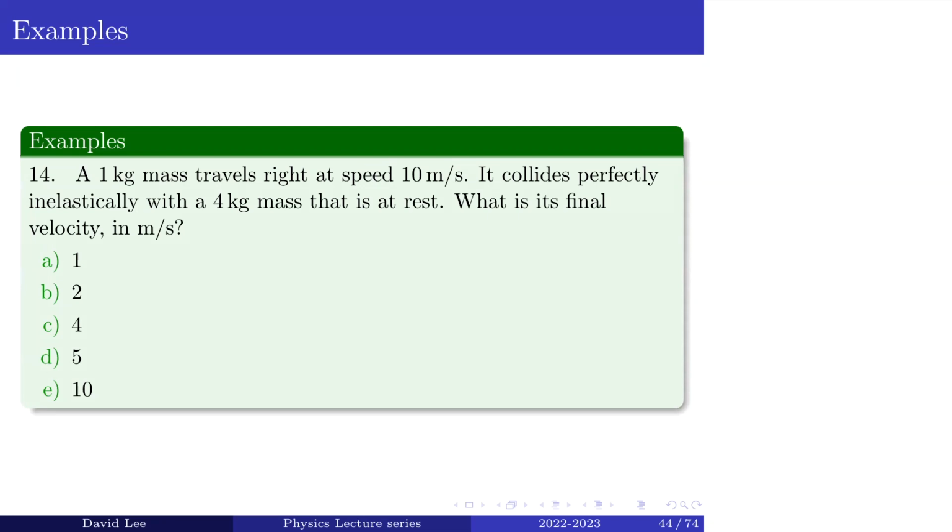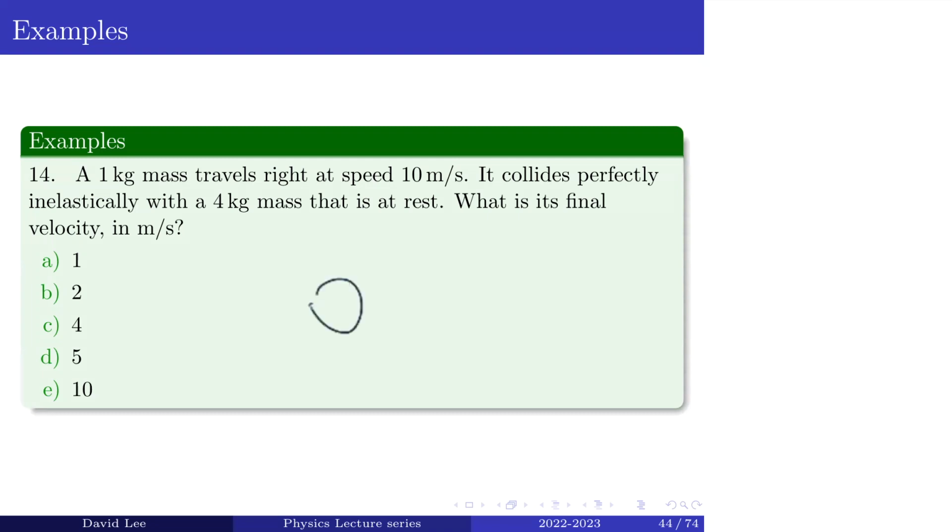Okay, it's been a minute. So hopefully y'all have finished by now. The answer is B. So how do we do this question? It's just conservation of momentum.